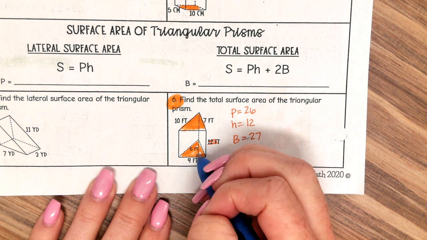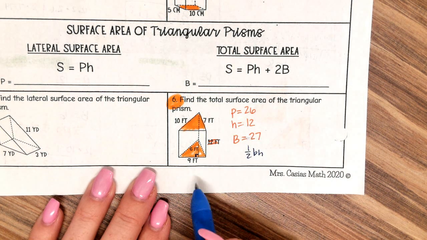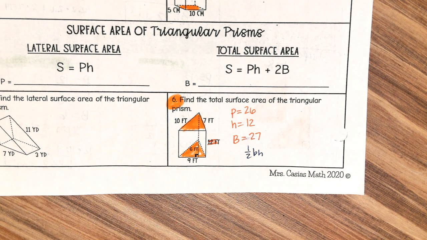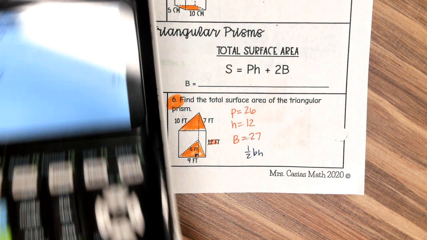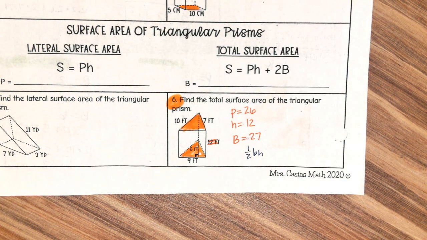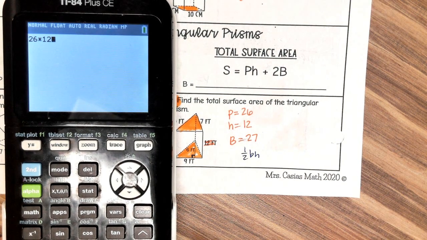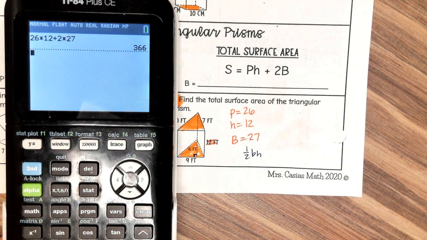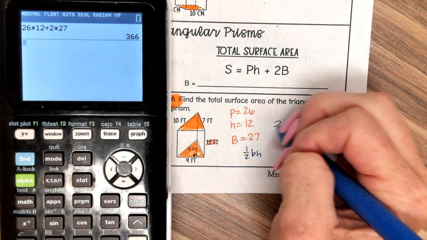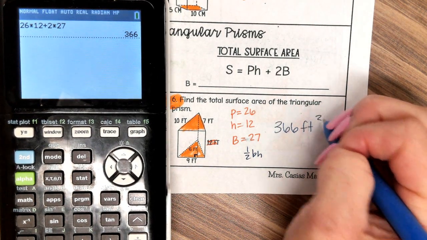With the right angle. See that little right angle right there? So 9 and 6. So 9 times 6 divided by 2. Everybody got it? So you should have done P times H plus 2 times B. And my answer is 366 feet squared.